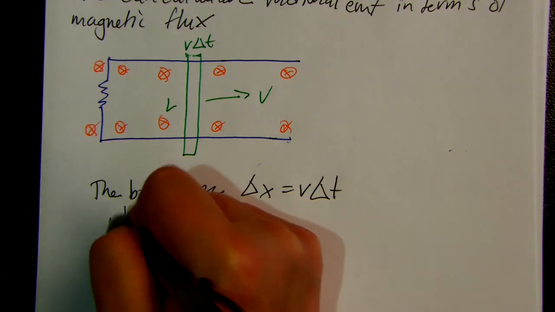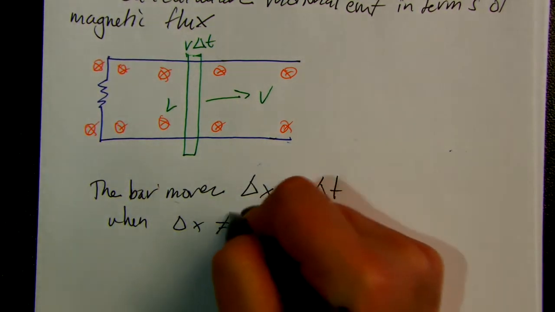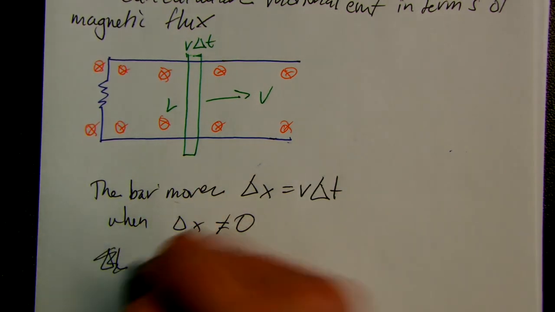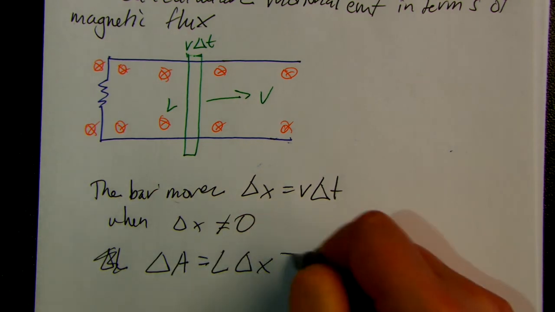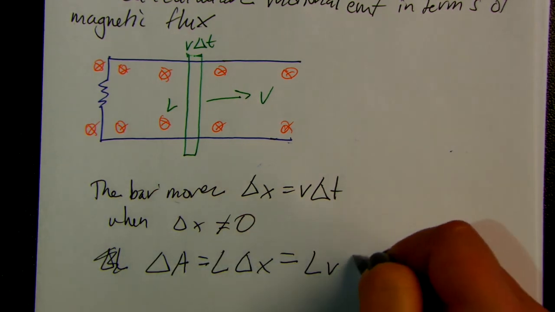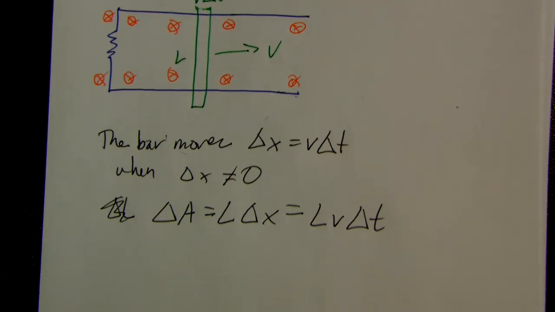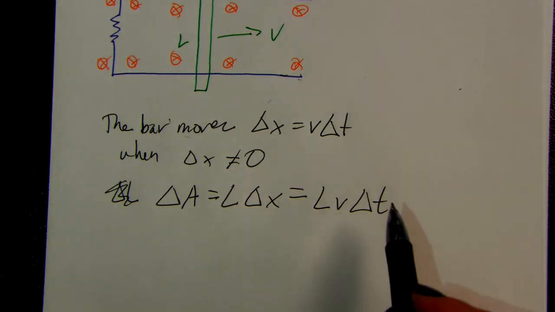So when delta x is non-zero, then delta A is equal to L delta x, which is equal to L V delta t. Okay, so we have this increase of area.